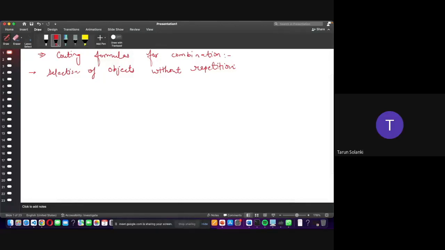The number of combinations of n different things taken r at a time is denoted by nCr, or we can write C(n, r). It becomes nCr is n factorial by r factorial times n minus r factorial, where 0 is less than or equal to r, which is less than or equal to n.